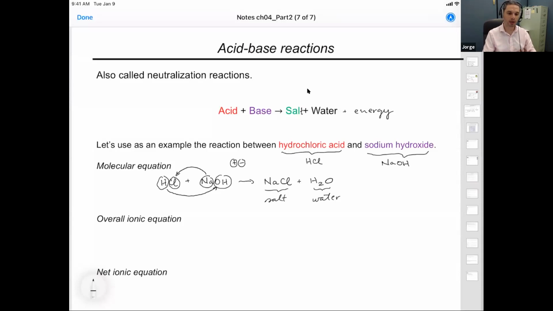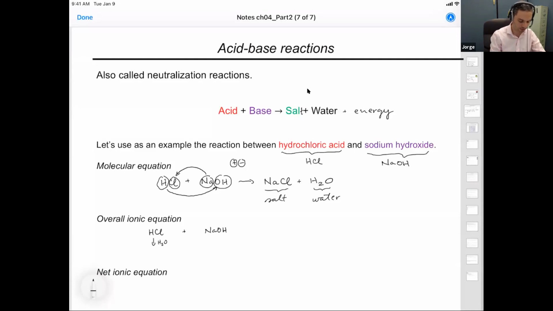Now let's take a look at how we will write the overall ionic equation. For the overall ionic equation, there is a trick. The first thing we are going to do is to dissolve the compounds in water. Let's start here with HCl.